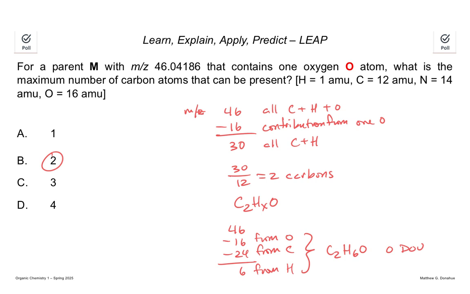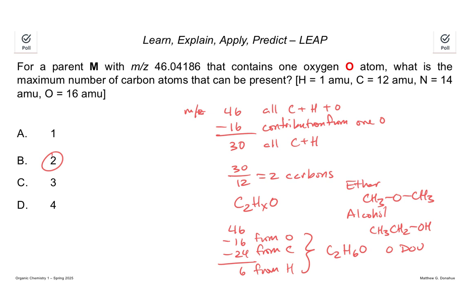So if you say, okay, now I need to draw stuff with 2 carbon atoms, that's an ether. How would you do that? So that would be an ether. That would be an alcohol. And so those are our 2 claims.